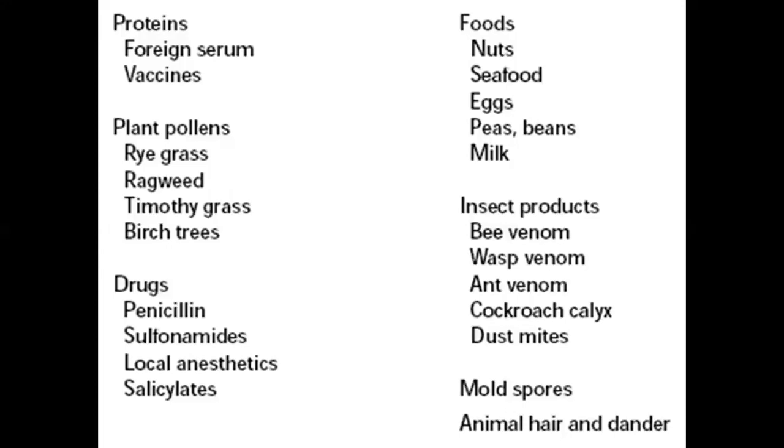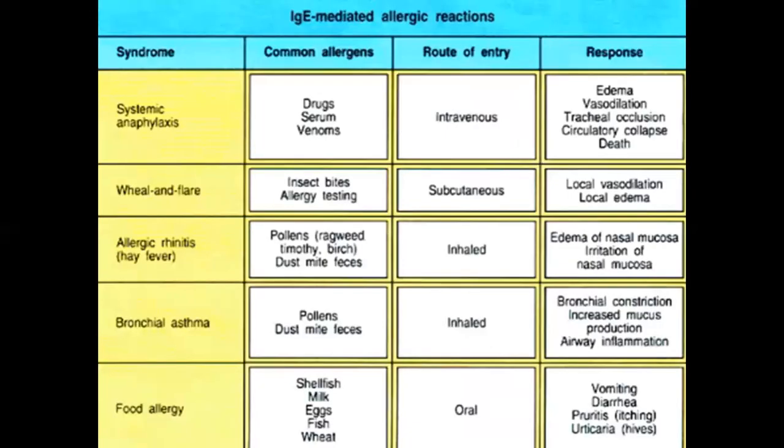So hypersensitivity type 1 reaction can occur because of the drugs. So you don't have to use that drug again and again if the patient is having that hypersensitivity reaction. So food, plant pollens, and then certain insect bites can cause hypersensitivity type 1 reaction.